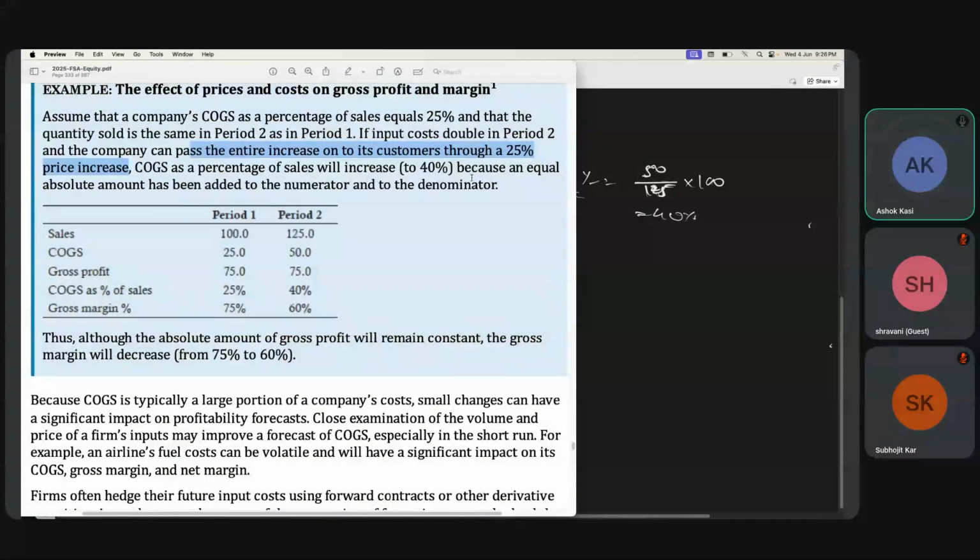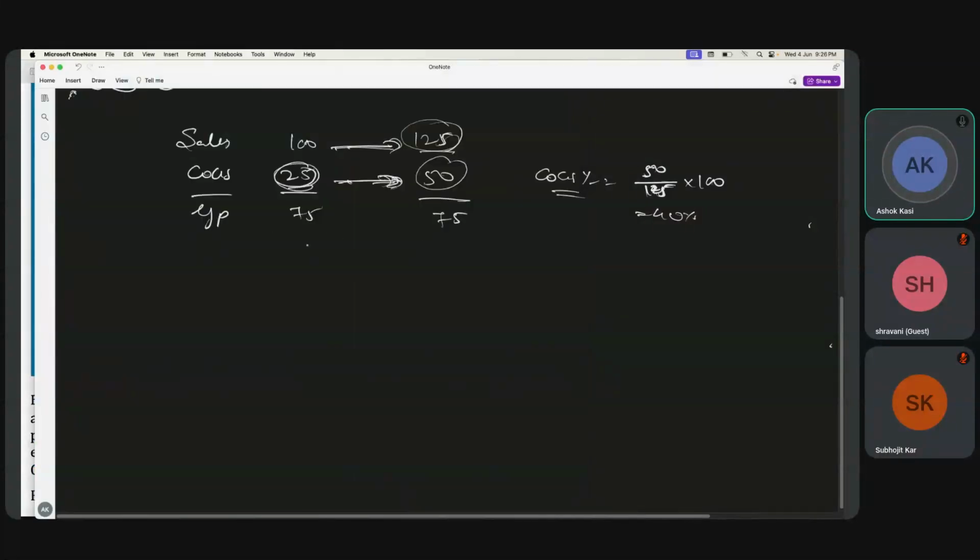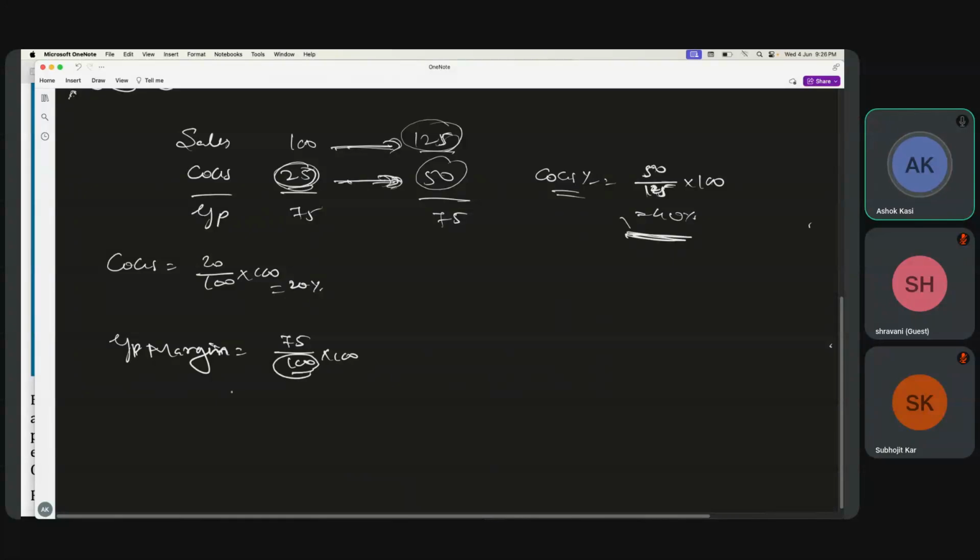40%, because an equal absolute amount has been added to the numerator and the denominator. So earlier your cost of goods sold was 25 by 100 into 100, that is 25%. Here now it is 40%. Your gross profit margin is equal to 75 divided by 100, this 100 means sales, this is the base.